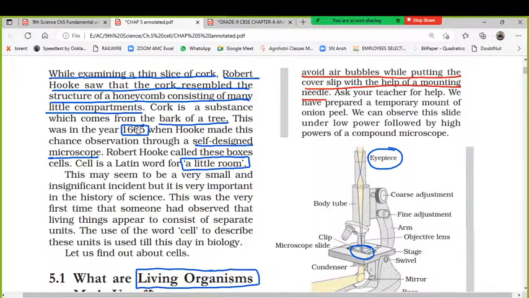It was quite like a honeycomb structure, consisting of many little compartments. Cork is a substance which comes from the bark of a tree. Do you know what the bark of a tree is?